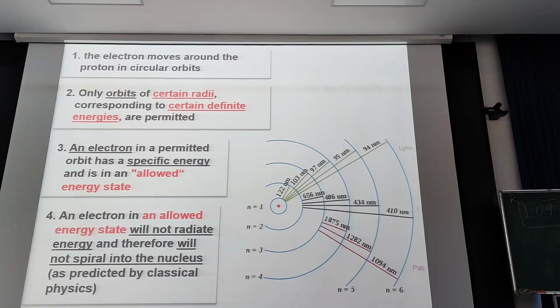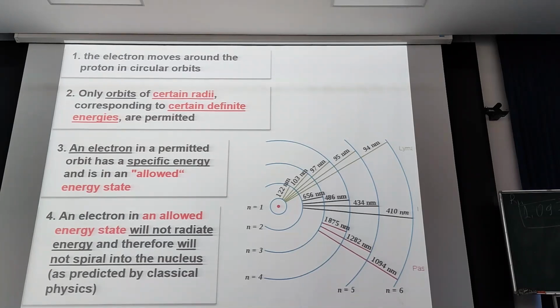For example, in the classical physics you have an electron, it will move, and when it moves like this, it will radiate energy, it loses energy to get closer to the nucleus, and at one moment the electron and the nucleus will collapse. He said that if the electron stays in an allowed energy state, it will move, but during the movement like this, it will not emit any energy, that means it will not lose any energy, so it will not get closer to the nucleus. Okay?